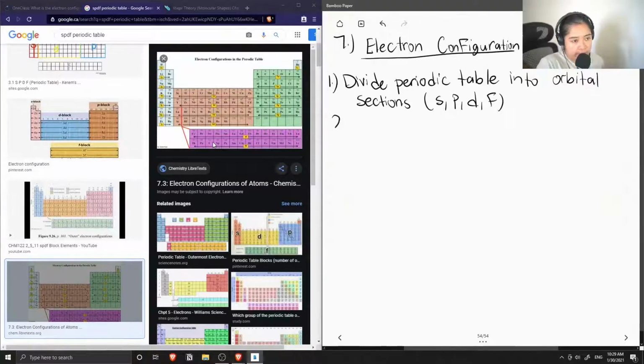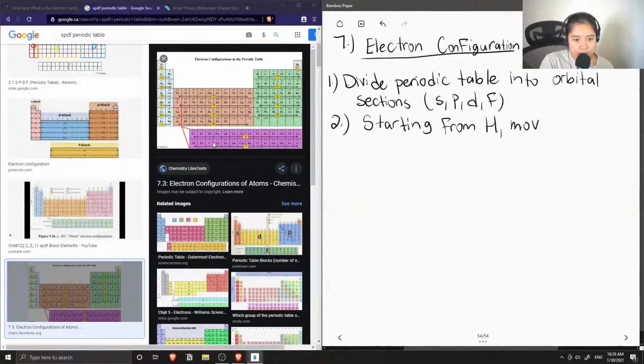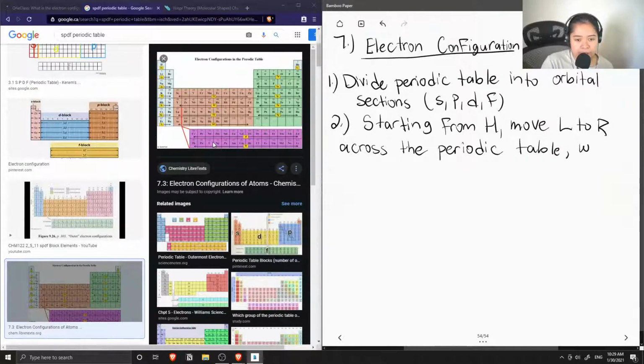After dividing your periodic table into the different sections, starting from hydrogen, we move left to right across the periodic table, and from there we write the row number followed by the block letter.